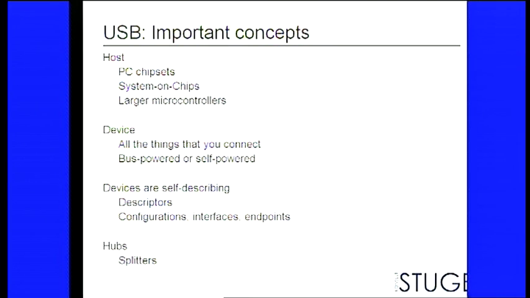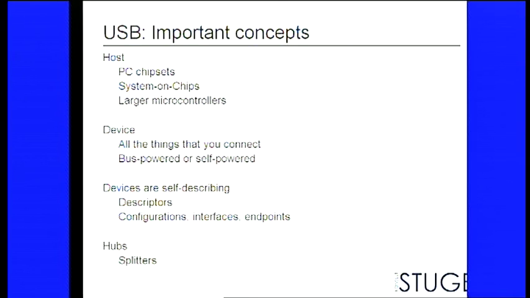Important stuff: I've already mentioned the host, a big concept and an important part of USB. A couple of examples of hosts. By far the most common USB host is the one in your laptop or desktop computer, or server for that matter. The PC chipset has a host built in.